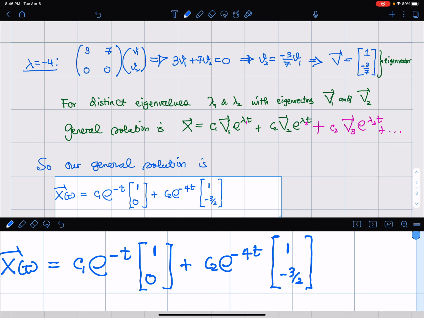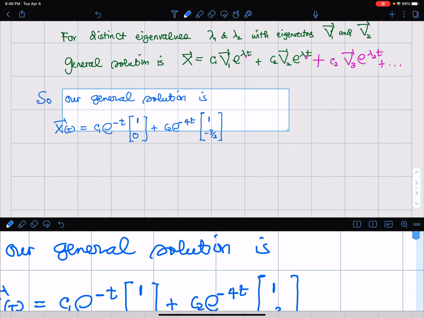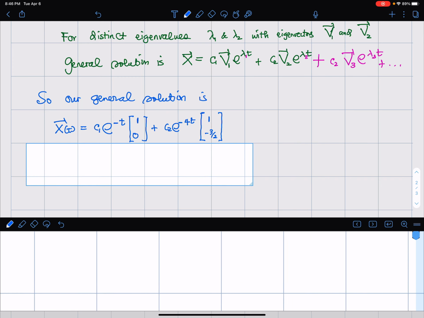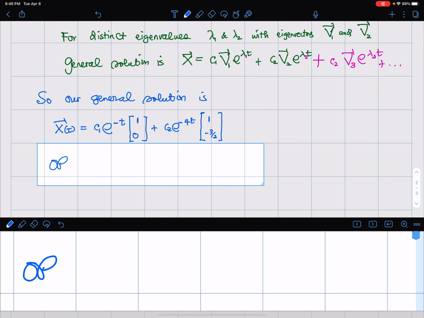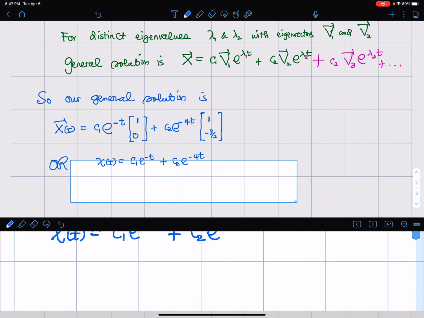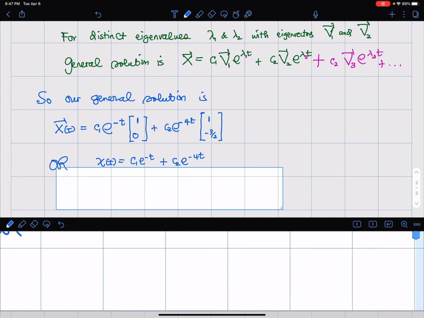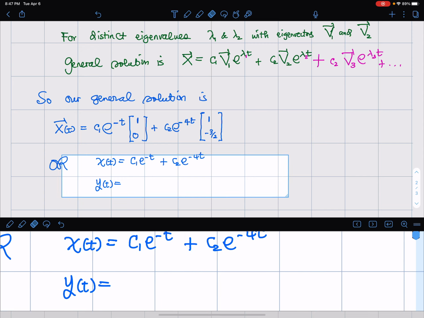Okay, so this is what we have. Another way of writing it is that x of t in the equation is C1 e to the negative t plus C2 e to the negative 4t, right? And y of t is C1 e to the negative t times 0, so it's just 0 there.